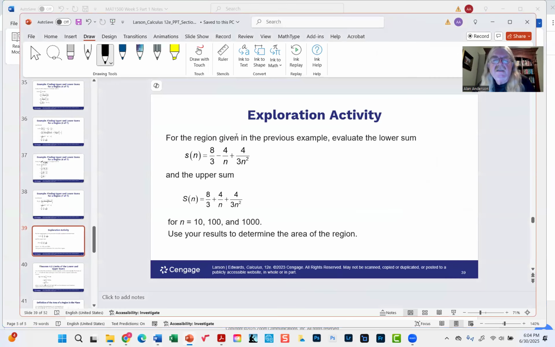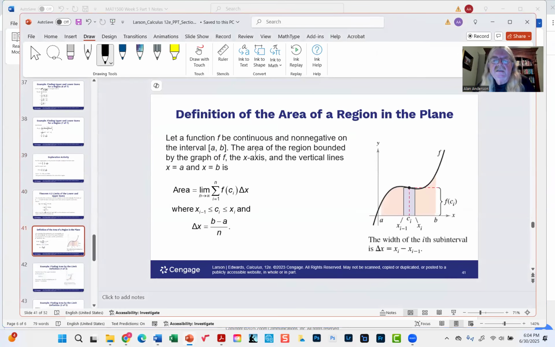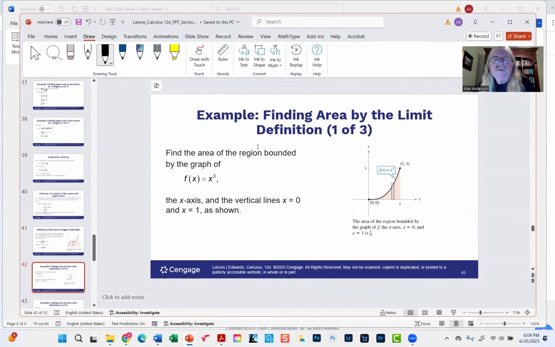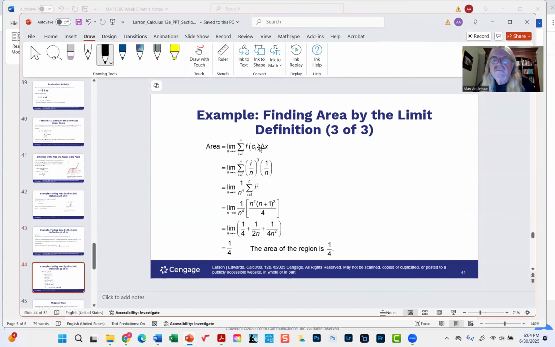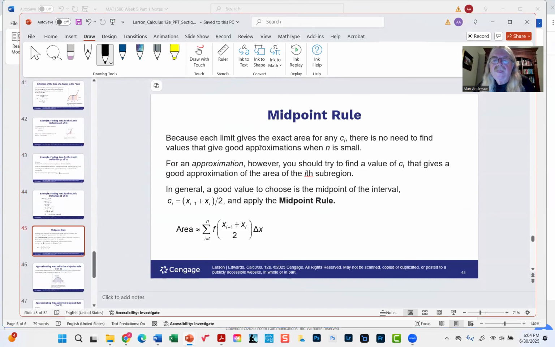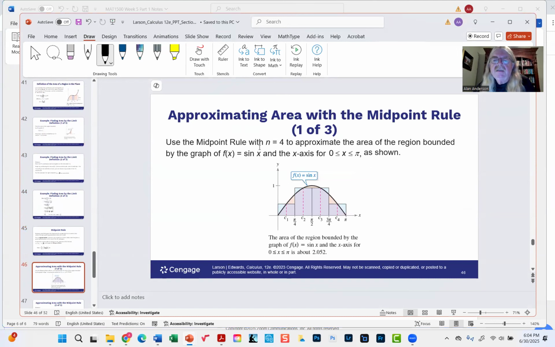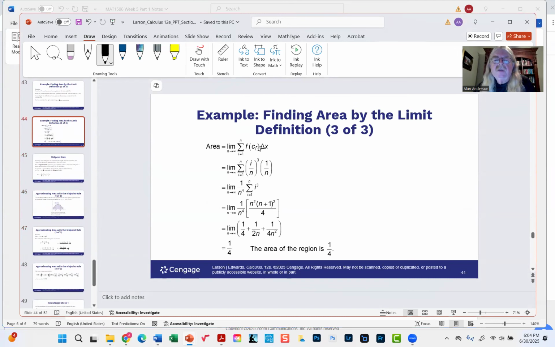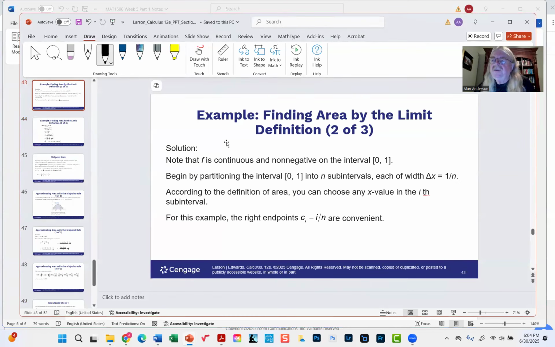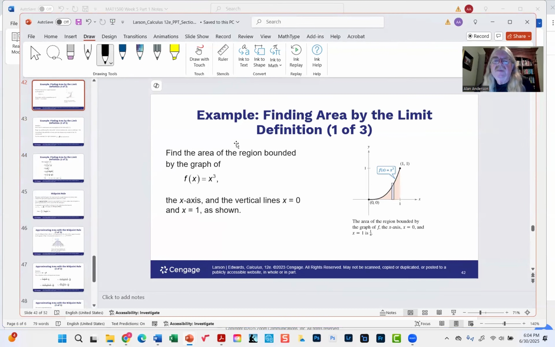All right. So then they're going to explain. Now, there's also another approach that we could potentially take where we're sort of averaging out the two methods that we just used, the midpoint method.